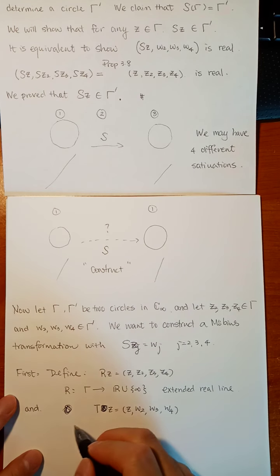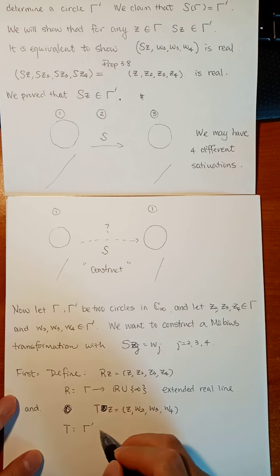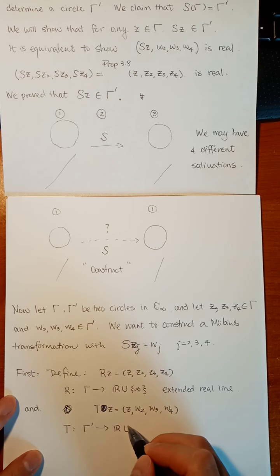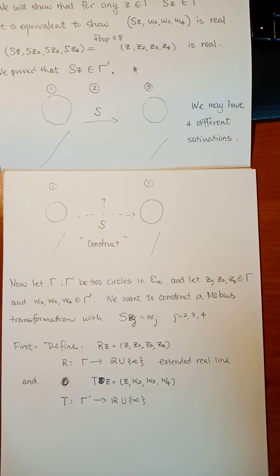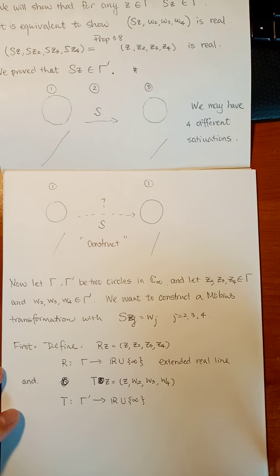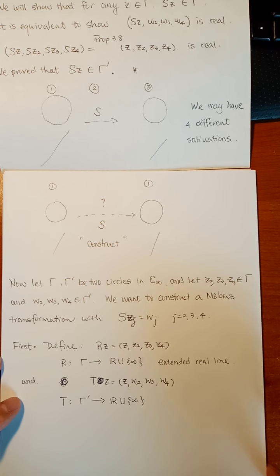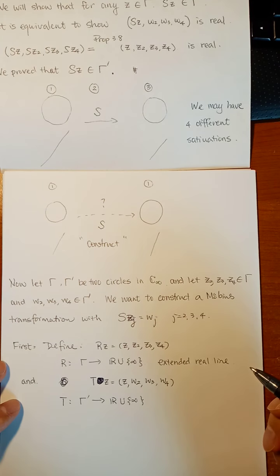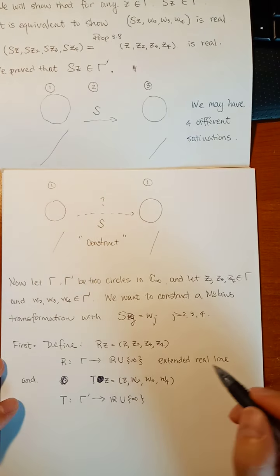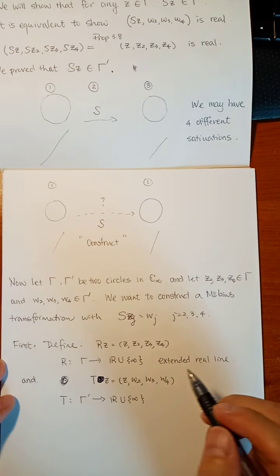Then T of Z is from gamma prime to the extended real line. It's 1-to-1 onto.